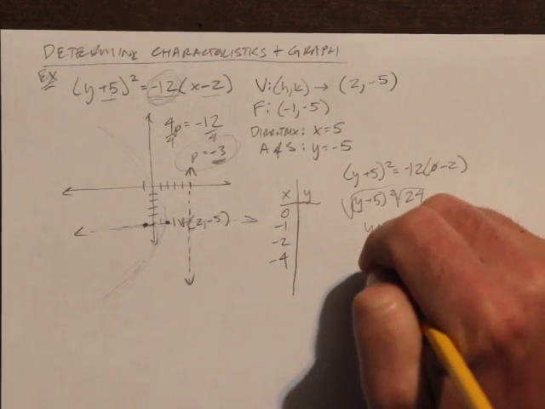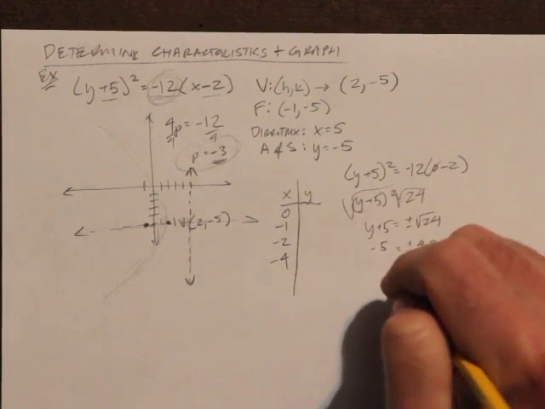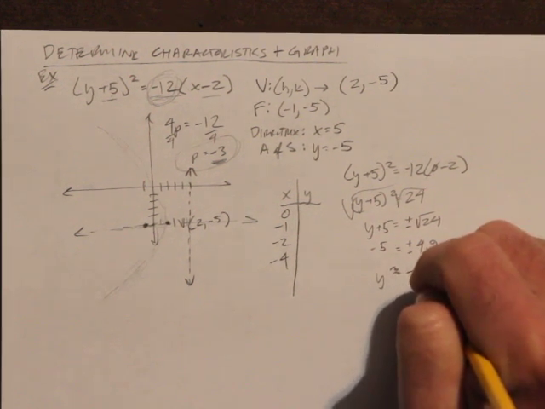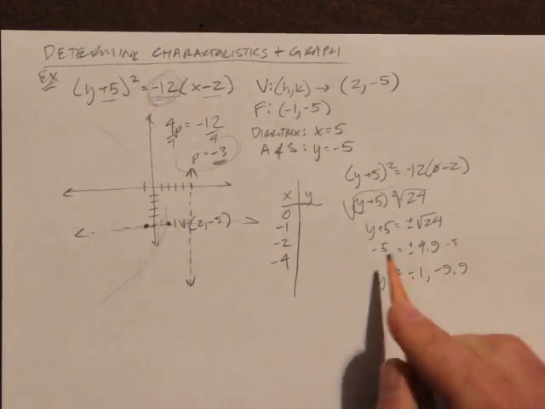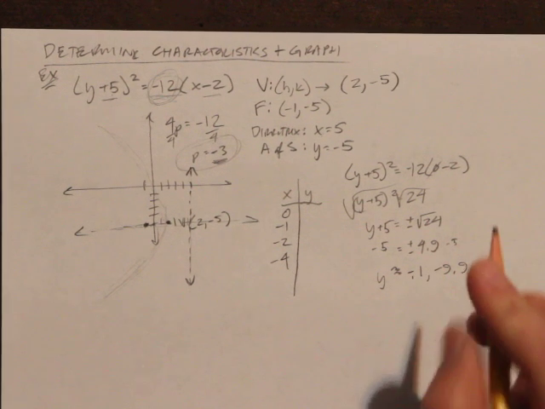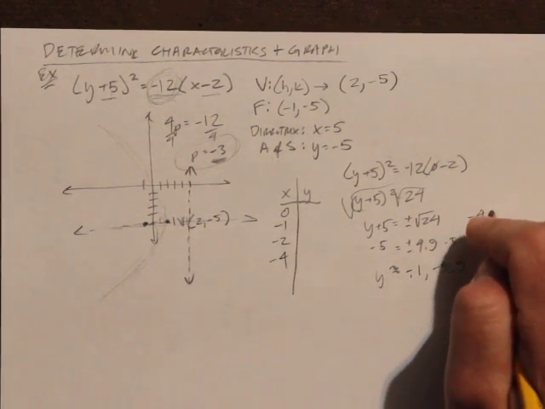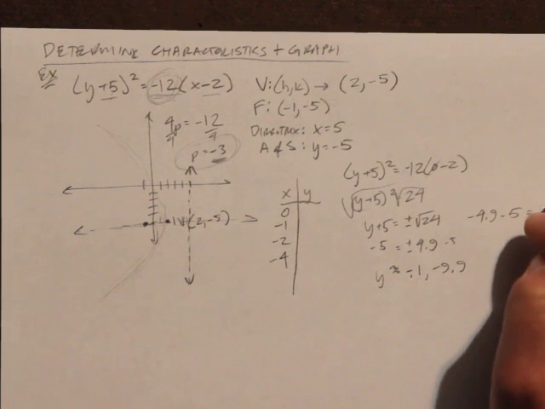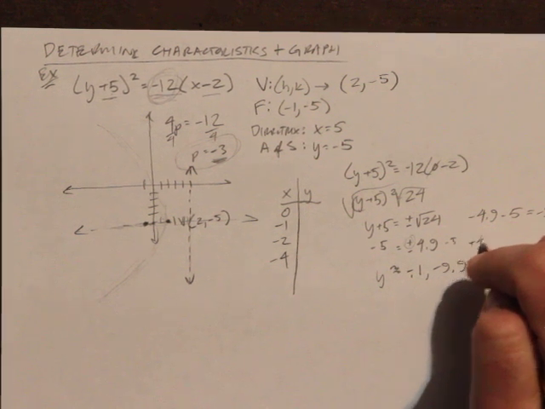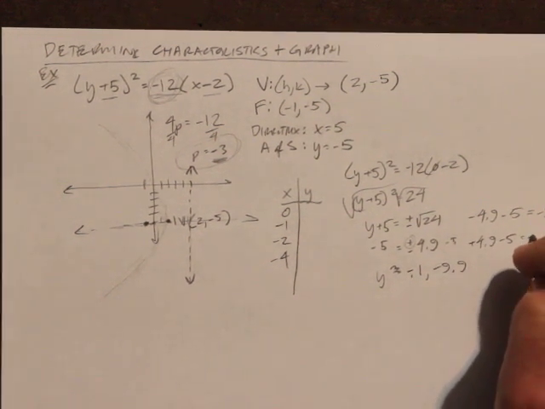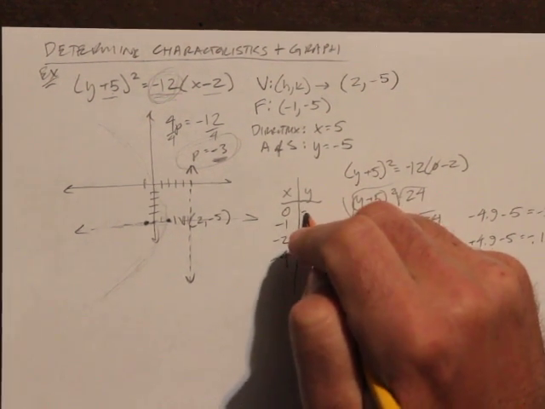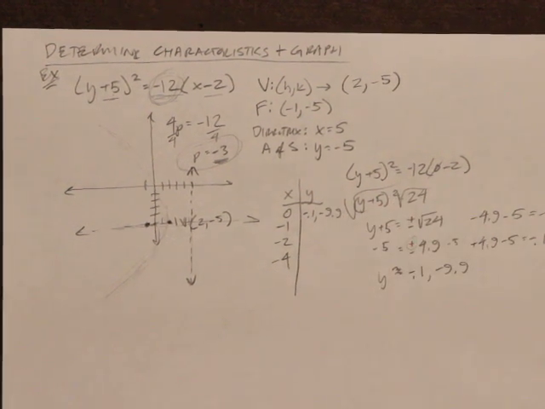If I subtract 5 from each side, I end up with y about negative 0.1 and negative 9.9. Negative 4.9 minus 5 equals negative 9.9, and positive 4.9 minus 5 equals negative 0.1. So if I plug in 0 for x, I get negative 0.1 and negative 9.9.